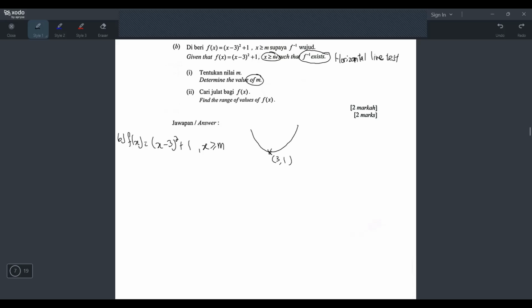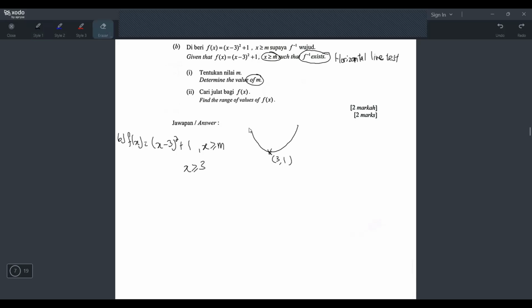So what do you think? x has to be bigger or equal to m, then only the f inverse exists. It means your x has to be bigger or equal to 3, right? Because if you draw your graph like this, obviously it will fail the test. But what if you draw your graph starting from x equals 3?